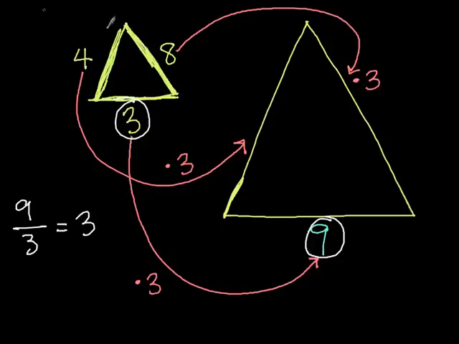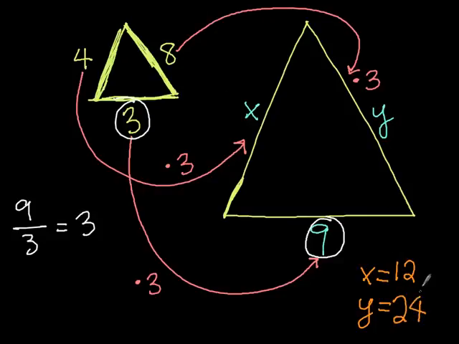So if this side was x, and this side was y, we know that x is going to equal 4 times 3. What does x equal, and what does y equal? Well, 4 times 3 is 12, so x equals 12, and 8 times 3 is 24, so y equals 24.